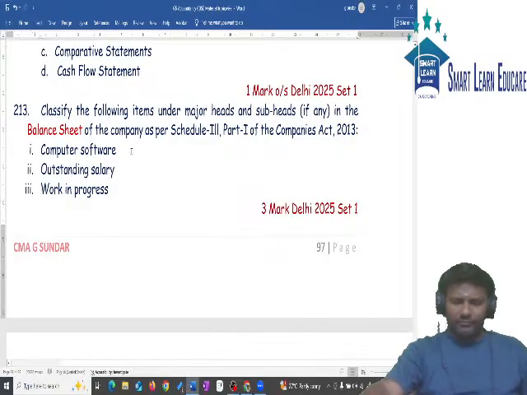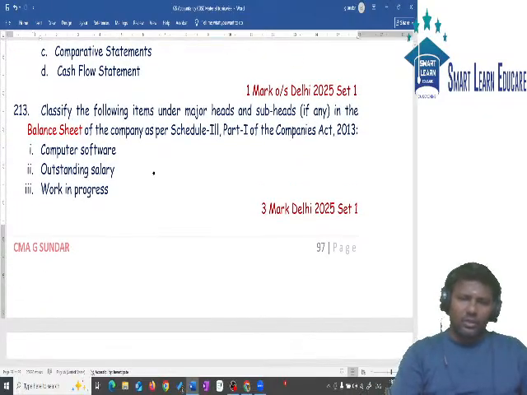Computer software. Outstanding salary, work in progress. License fee, franchise, these will come under intangible asset. Okay, first one, computer software. Computer software will come under what category? What is the major heading? Two things you should write: major heading and also subheading.